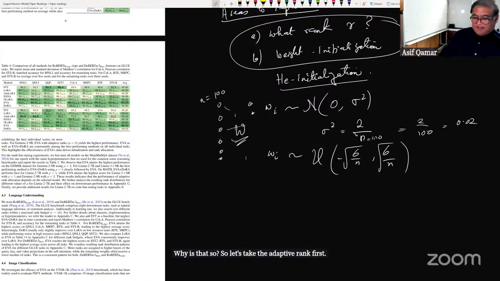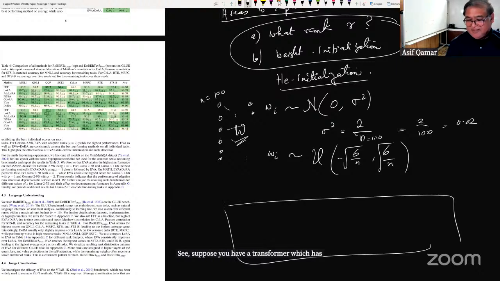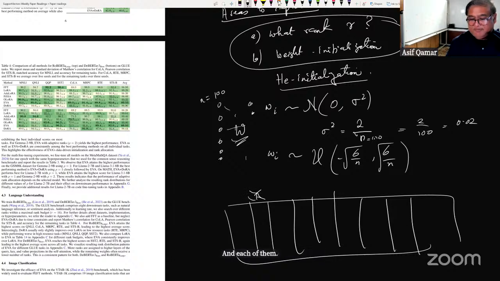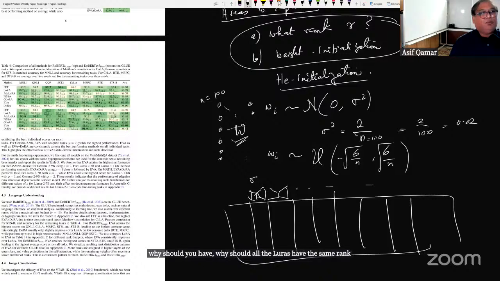Suppose you have a transformer which has many, many layers, and in each of them you're putting a LoRA. Why should all the LoRAs have the same rank? It shouldn't. Why? Because some layers are much more important, or they are doing more.